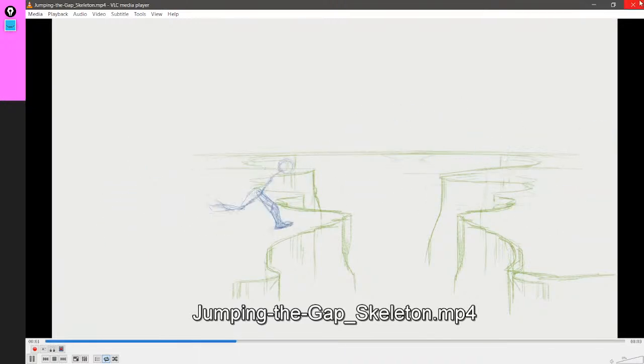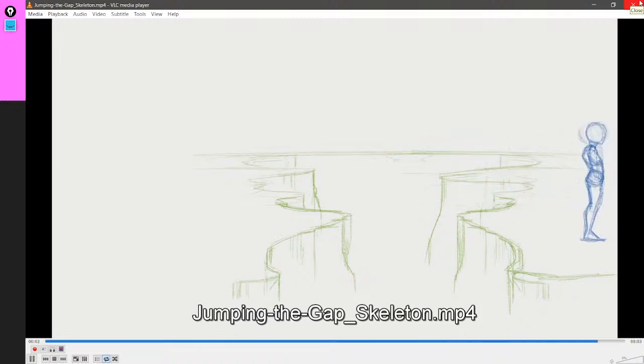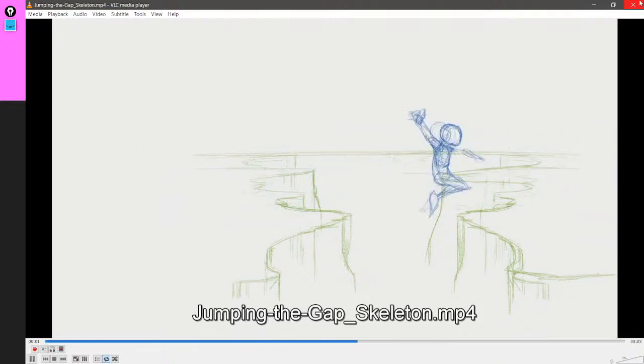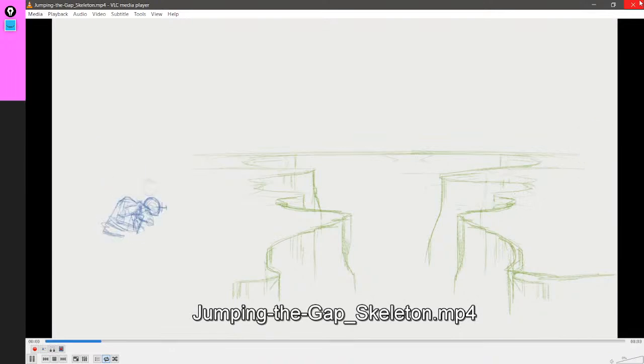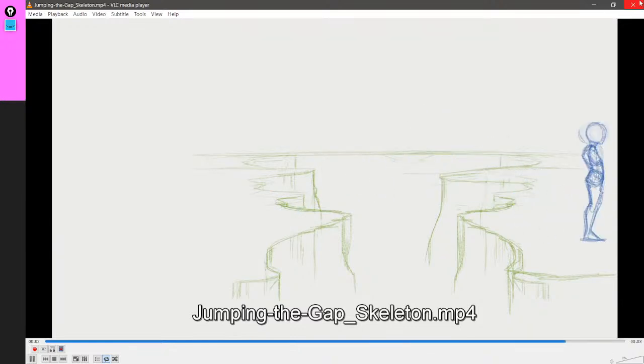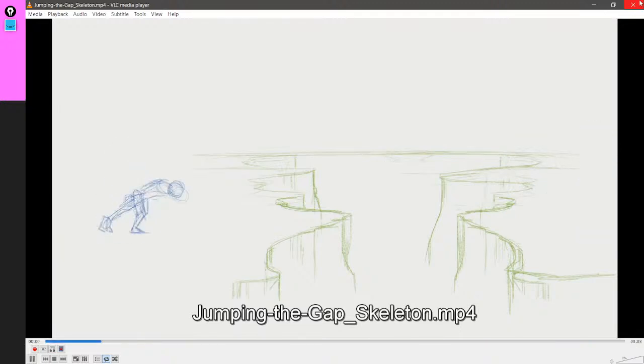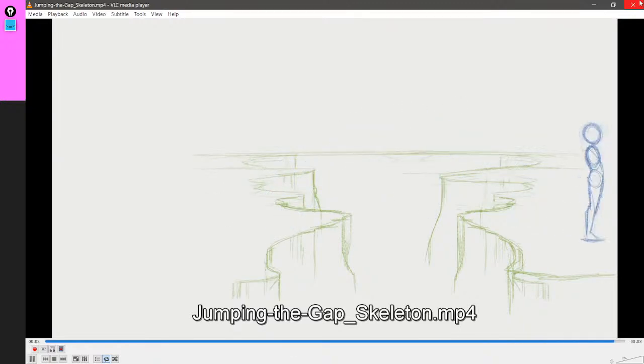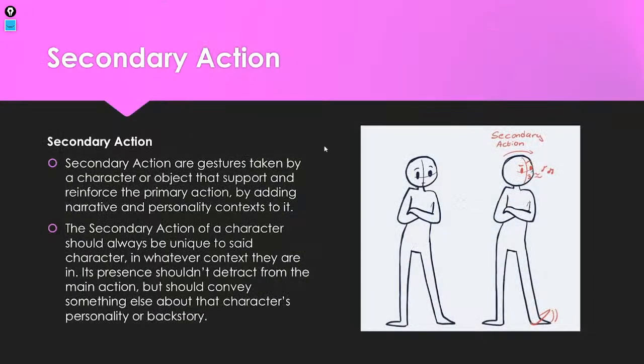This is the core of secondary action. It's these subtle things that characterize, that provide character and give expression, or reinforce more the primary action, but give context of the character or object in motion. So they're not just doing one thing.